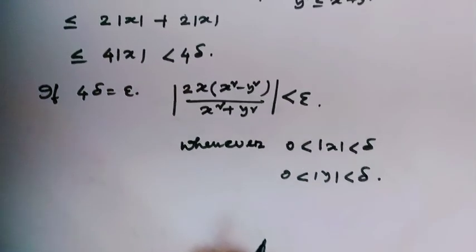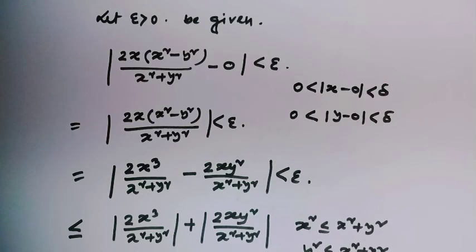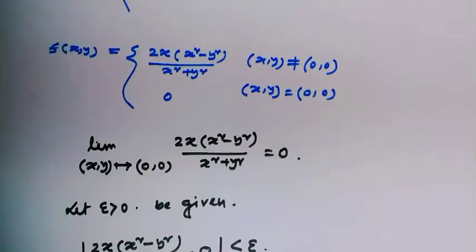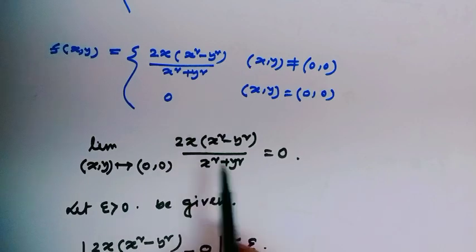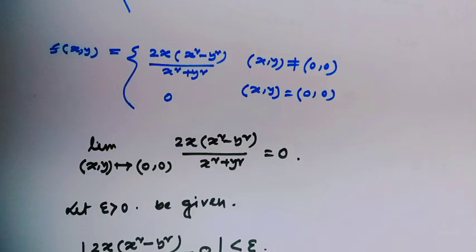That means our proof is done. That means this function is continuous because here the value of the limit equals f(0,0).